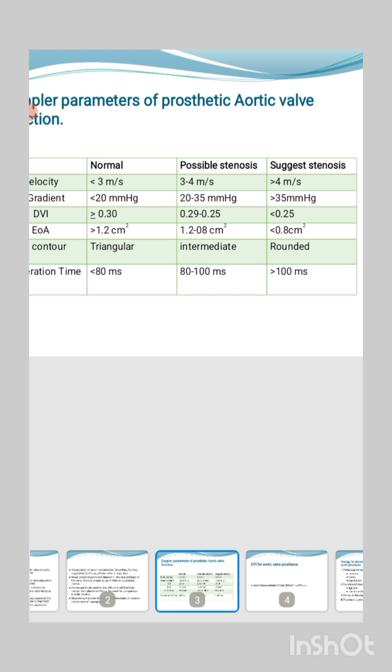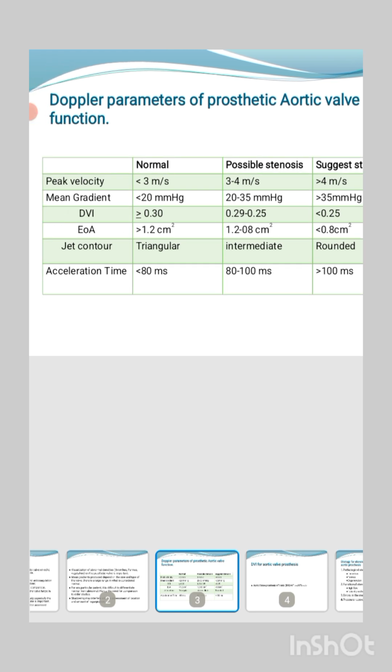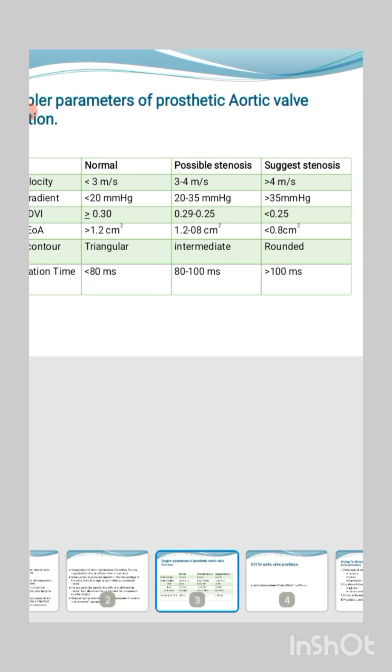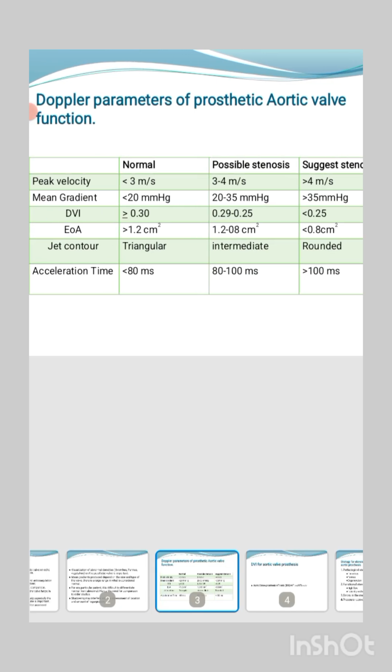If less than 0.25, this is suggestive of stenosis. Effective orifice area greater than 1.2 centimeter square is normal. 1.2 to 0.8 centimeter square is possible stenosis, and less than 0.8 centimeter square is suggestive of stenosis.